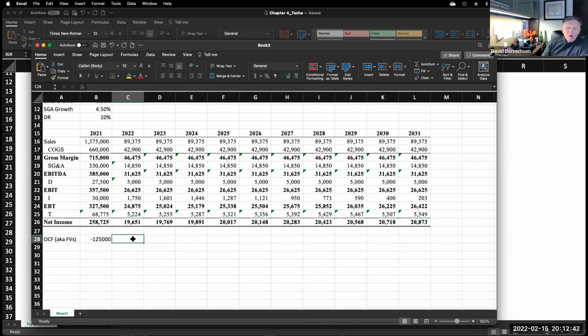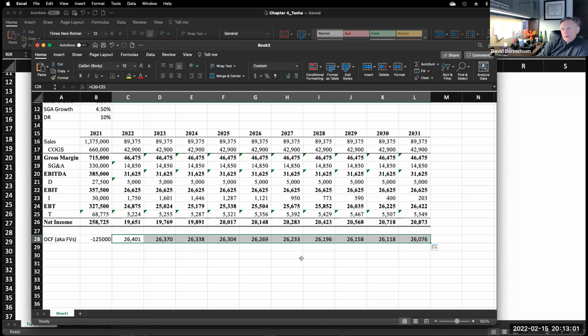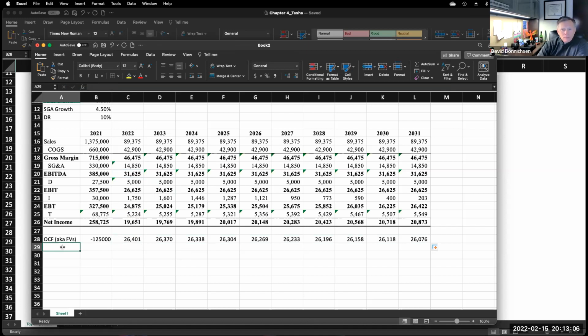So now we got to figure out what our operating cash flows are, our future values for the project, which, as you guys already told me, was EBITDA minus taxes. And once we have the first year, we've got every year, right? Now that we've got all of our future values, what's the next step in the process?